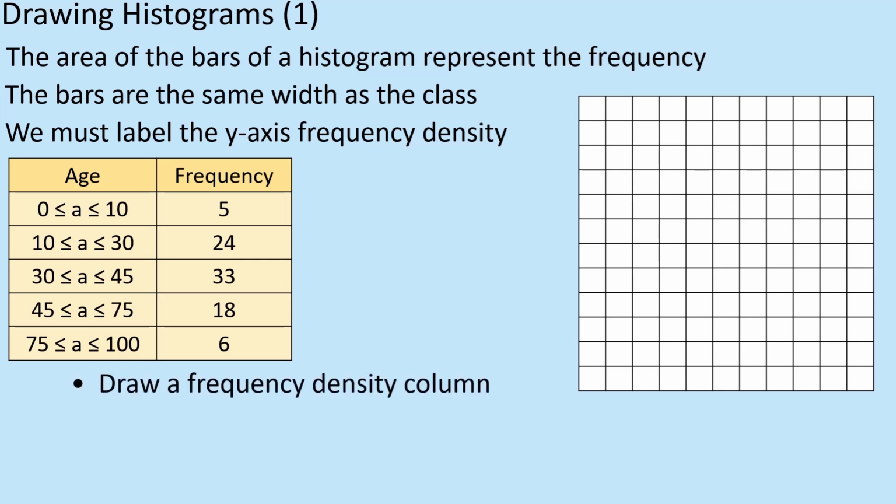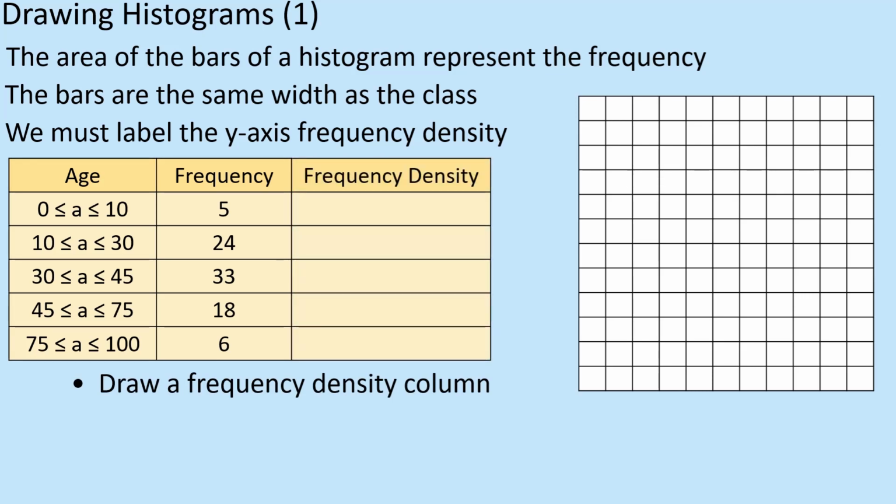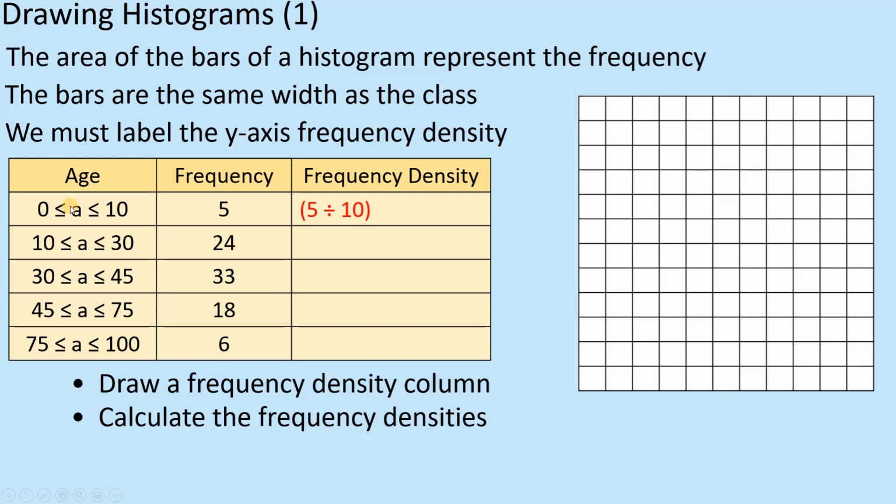So we're going to need another column to work out the frequency density. I don't know if you can remember from the last lesson how we work out the frequency density. Well, it's the frequency divided by the class width. So it's going to be 5 divided by 10 for this one, which is 0.5. This one is going to be 24 divided by 20, because that's the gap, which is 1.2.